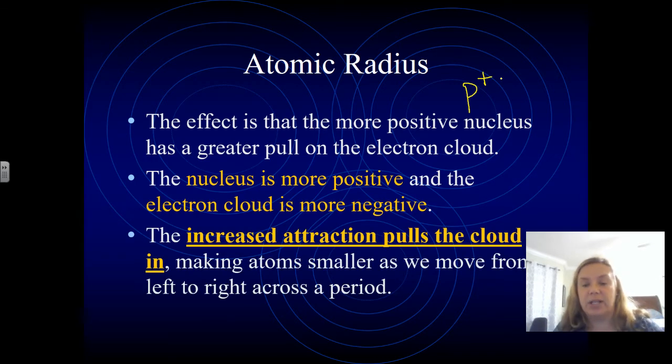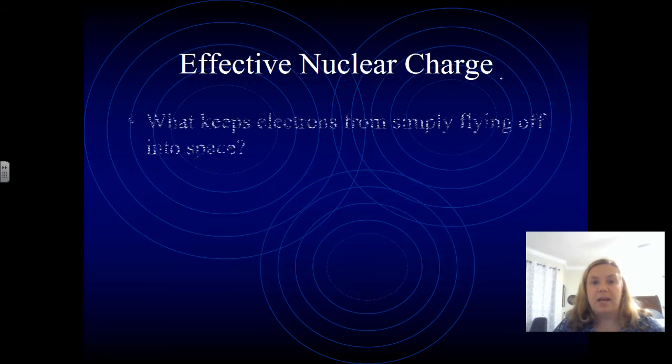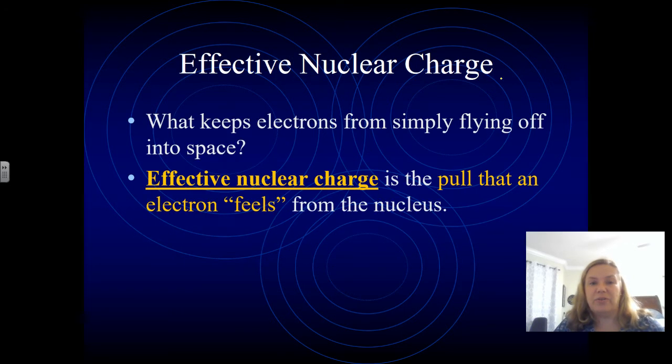However, remember those electrons are very small, so there's more of a pull with those protons because there's more mass. So this increased attraction basically pulls the cloud in, therefore making the atom smaller as we move from left to right across the period. And that basically is referring to its effective nuclear charge.